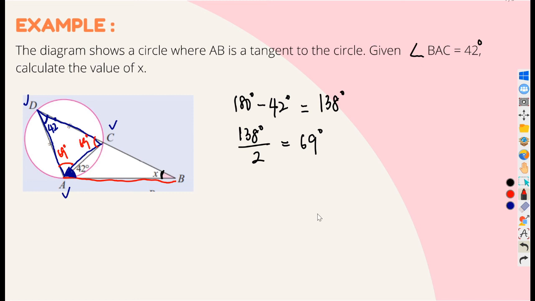Now the question asks you to find the value of X here.